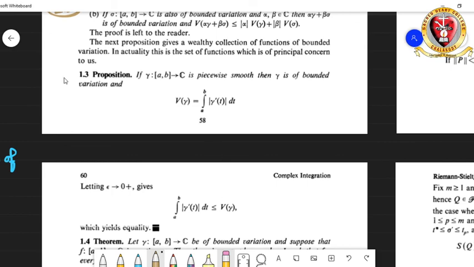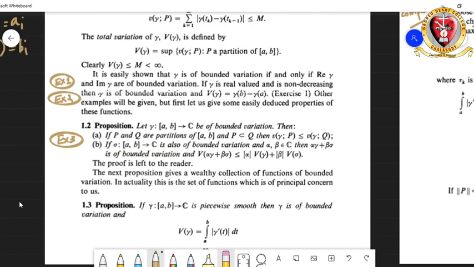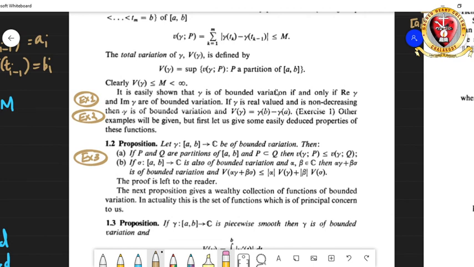I can show it to you once more. The first exercise is that if gamma is of bounded variation, show that the real part of gamma and the imaginary part of gamma are also of bounded variation, and also if gamma is real valued and non-decreasing, that means if it is a monotonic function, then gamma is of bounded variation and the total variation can be calculated like this.